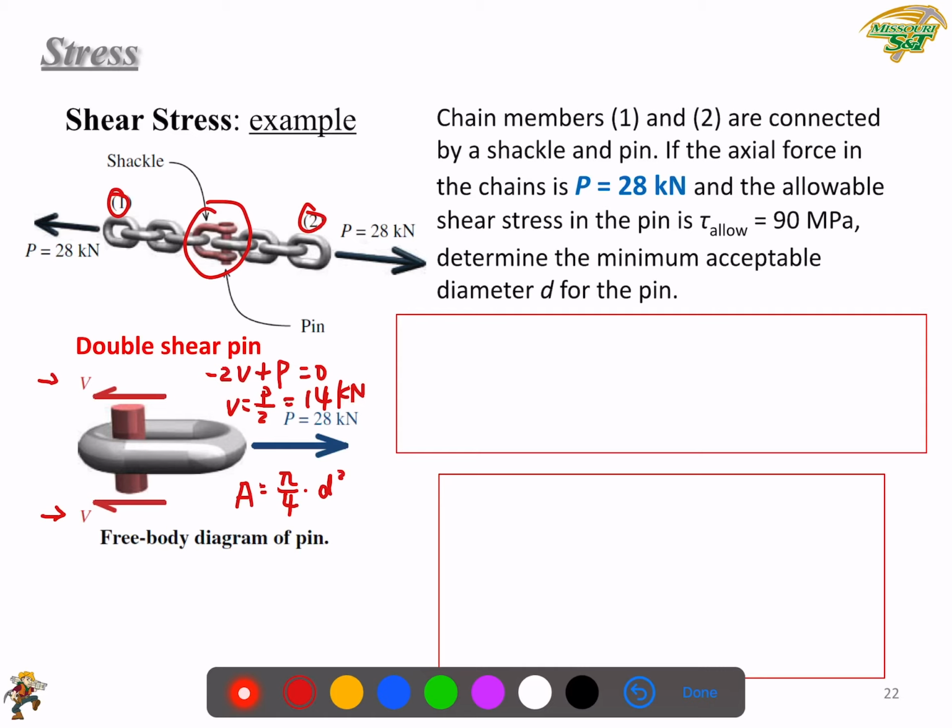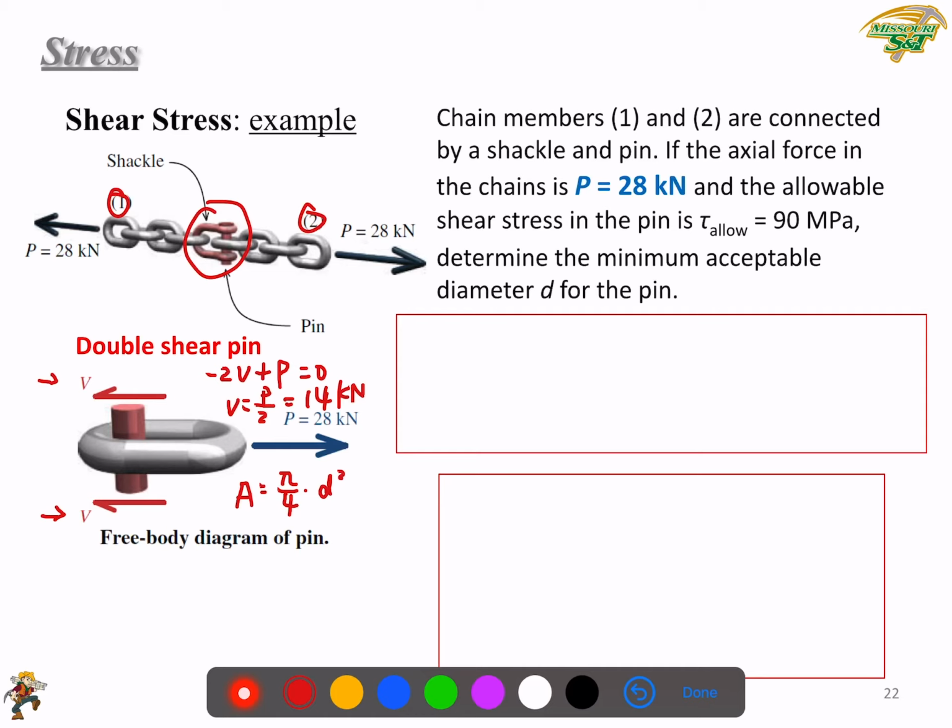But this is not the case in this example. In this example, we didn't give you the diameter of the pin. Instead, we give you the allowable shear stress in the pin, that is the maximum allowable value of the shear stress in this pin.